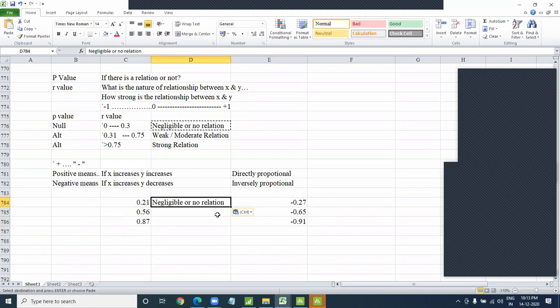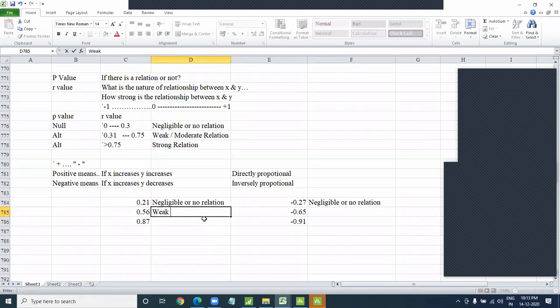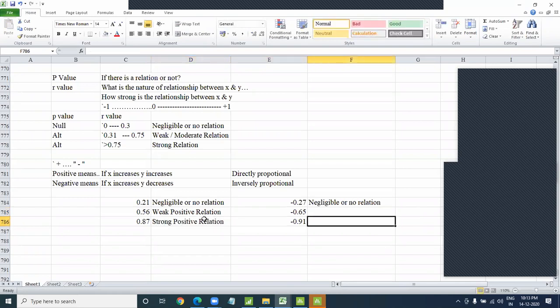Similarly, this falls into the same zone, negligible or no relation. Here, it falls into the mid zone, so I'll say weak positive relationship between X and Y. This is a strong positive relationship. This is a weak negative relationship. This is a strong negative relationship. That's how, when we look at R values, we'll be able to understand and interpret this particular function.